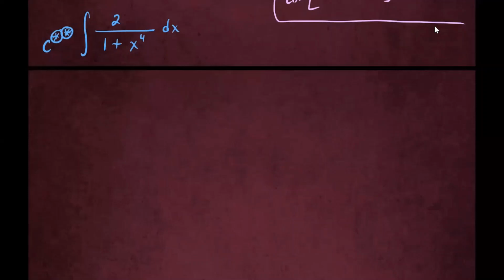All right, so any suggestion on how to approach this integral? What do you guys think? Take out the constant. Good start. Yes, let's pull the 2 outside. So this is 2 integral of 1 over 1 plus x to the 4th dx. All right, what's next?